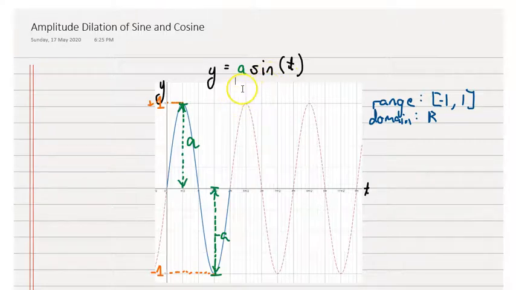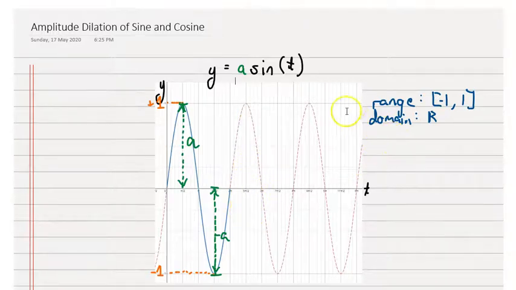If we had a value of a that is greater than 1, we're going to increase the result of this sine function, so this output. If we had a value of a that is less than 1 but greater than 0, we're going to decrease the amplitude of this resultant curve. And finally, if we had a value of a that is negative, we're going to flip the curve around the x-axis, or mirror the curve around the x-axis.